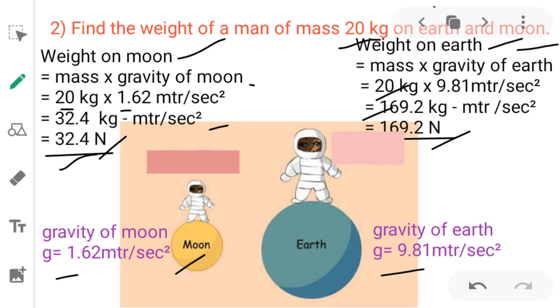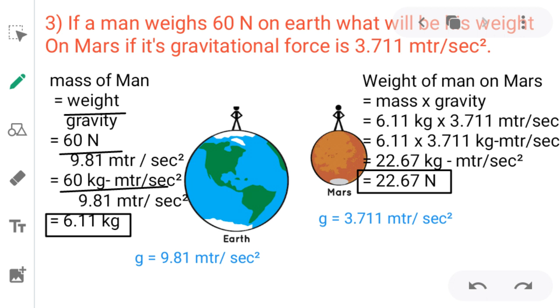Let's take one more example. In example number 3, if a man weighs 60 Newton on Earth, what will be his weight on Mars if the gravitational acceleration of Mars is 3.711 meter per second square?